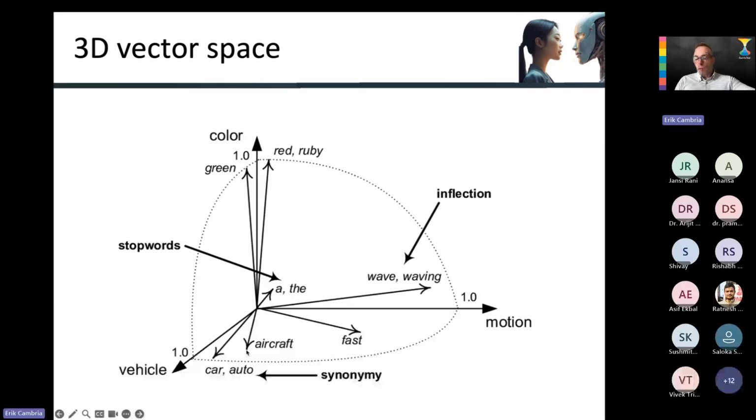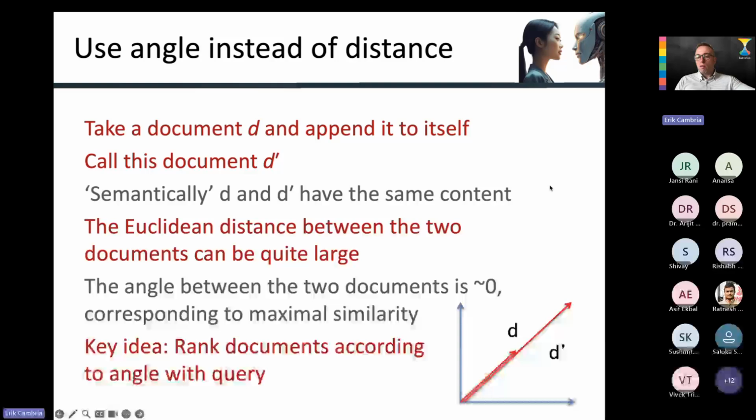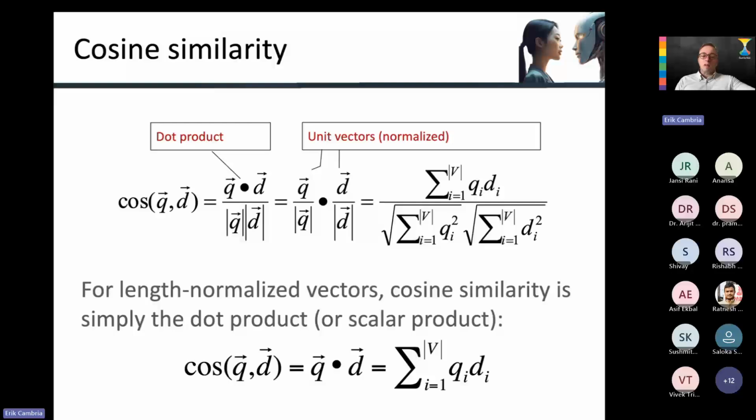Why do we work with arrows? As we mentioned yesterday, it's better to calculate the angle between these vectors rather than calculating a Euclidean distance between points in the space, because that's not indicative of how similar or dissimilar these documents are. The formula for calculating the cosine similarity looks a bit difficult, but actually it's very easy.